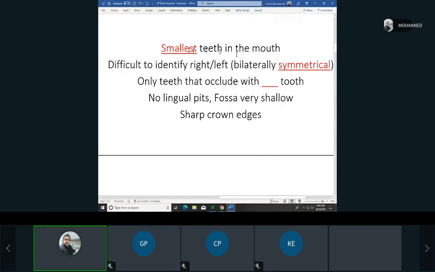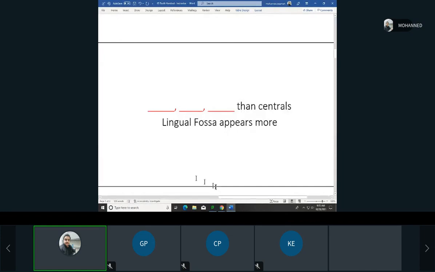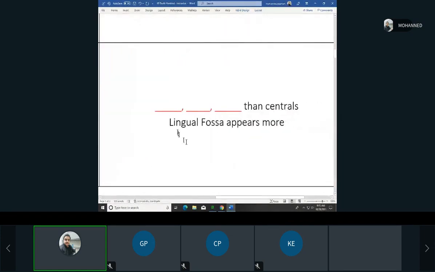These central incisors on the mandible are the only teeth that occlude with one tooth on the opposing arch. No lingual pits, very shallow fossa, and as we said, sharp crown edges. All good, guys? Yes.